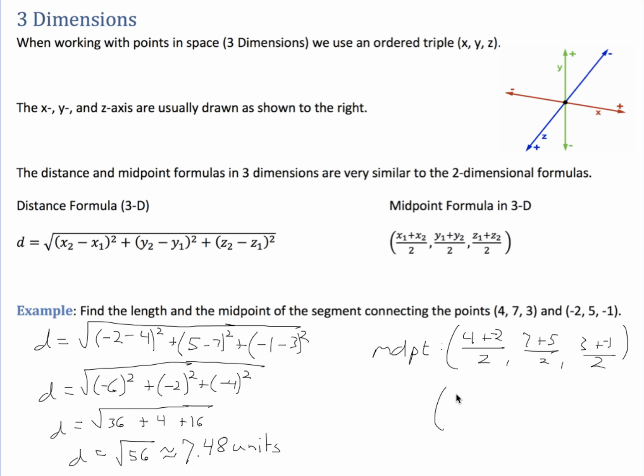So this will be 4 plus negative 2 is 2 over 2. 7 plus 5 is 12 over 2. And 3 plus negative 1 is 2 over 2. And so our midpoint of the segment connecting those 2 points is 1, 12 over 2 is 6, and 2 over 2 is 1. So we got the distance, and we have the midpoint.